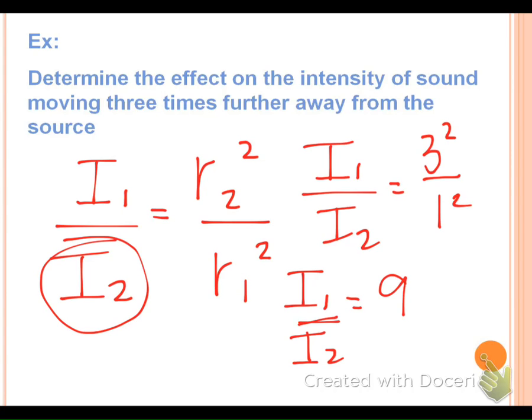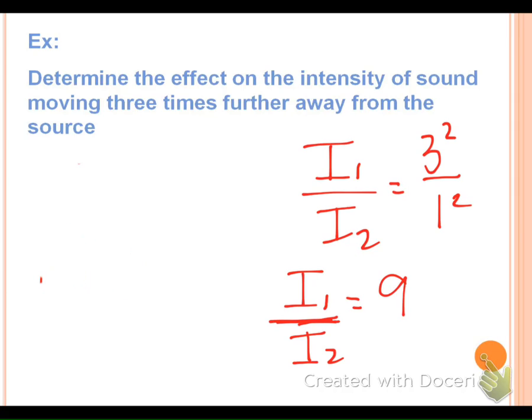All right, so if we want to solve for I2, how do we manipulate this equation? Yeah, we could just switch these two places. You'd multiply I2 over, and then divide by 9.